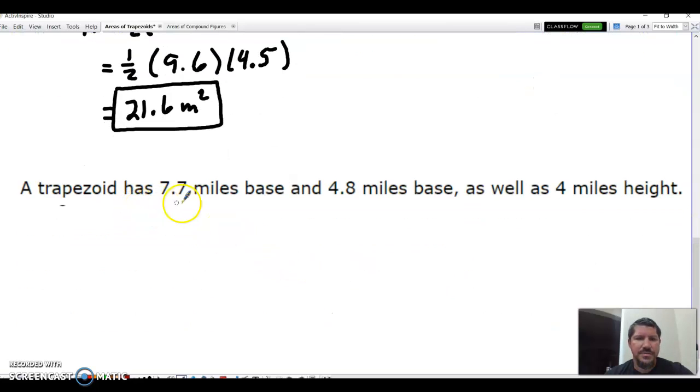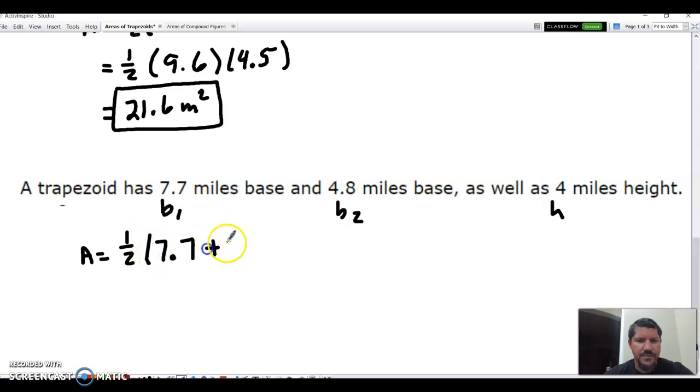Alright, last example. So again, base 1, base 2, height. So area is half 7.7 plus 4.8 times 4.